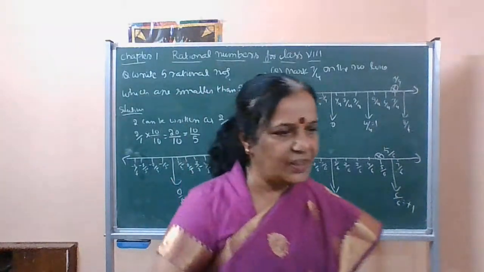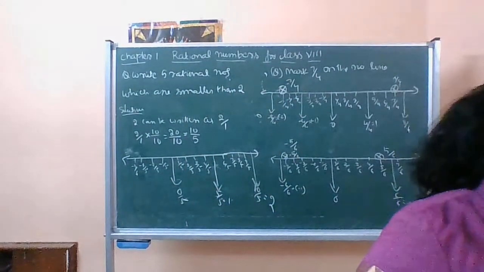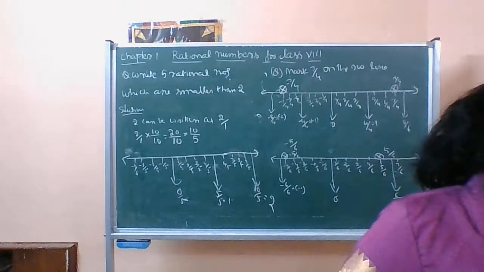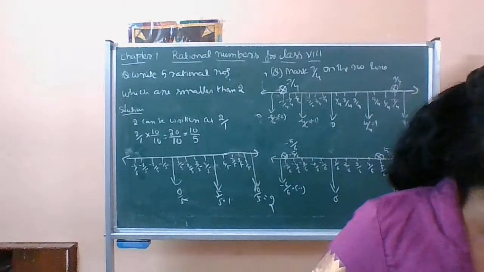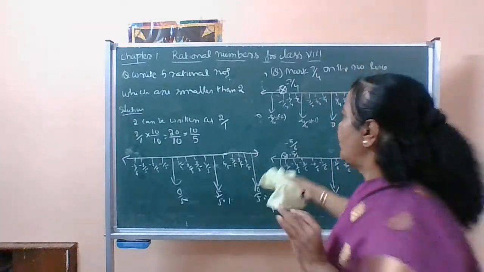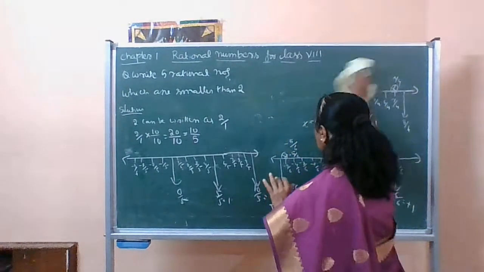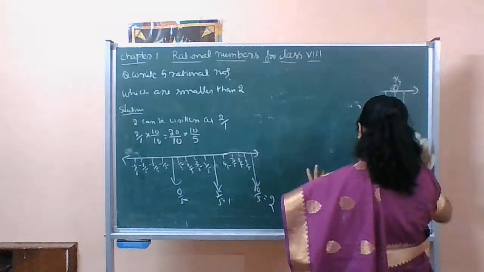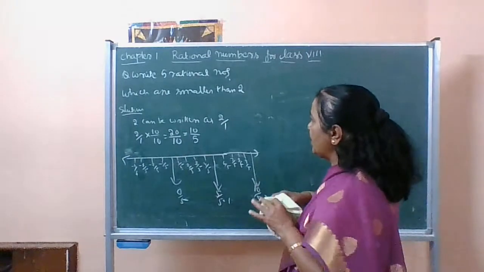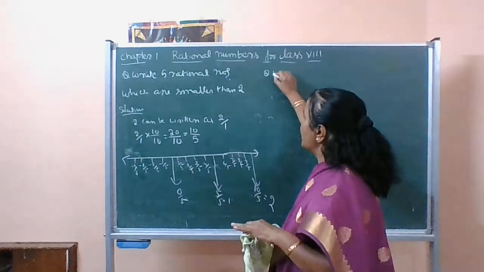And the next one is: find 10 rational numbers between minus 2 by 5 and half. This also you can do similarly, by multiplying numerator and denominator by the same number.